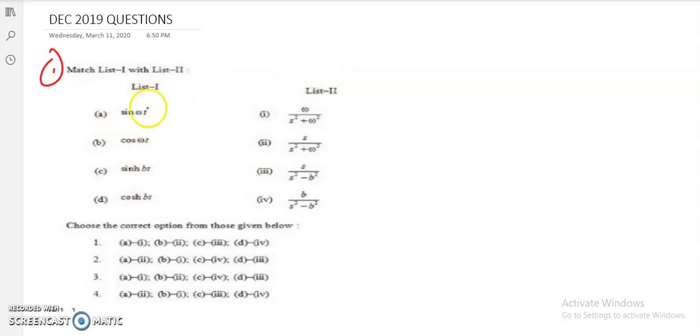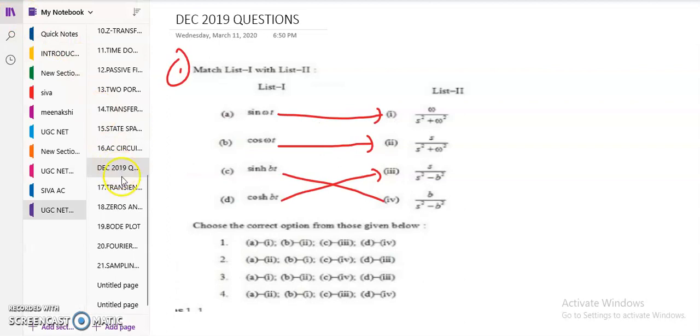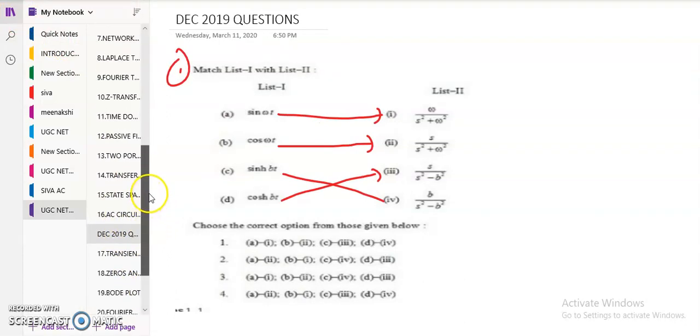So sine omega t is omega divided by s square plus omega square, and cos omega t is s divided by s square plus omega square, and sinh bt is b by s square minus b square, and cosh bt is s divided by s square minus b square. These concepts we discussed in the Laplace transforms.